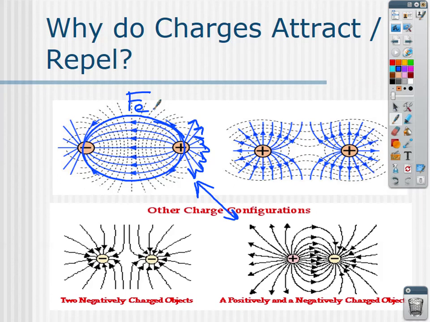And you can even see if I separate them farther and farther, this is why the force will decrease, because now there's more distance, those field lines have to travel farther and farther. Basically, the greater the distance, the field becomes weaker and weaker. So that's also why the force decreases.